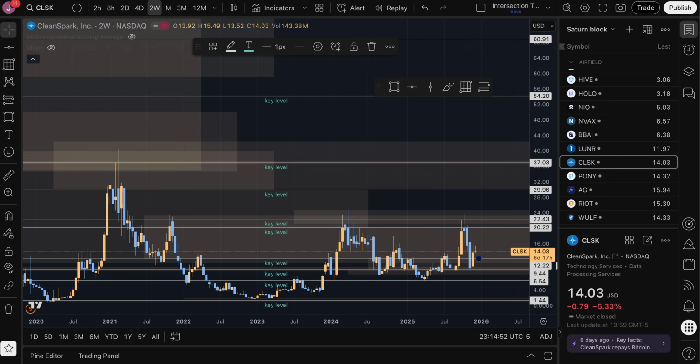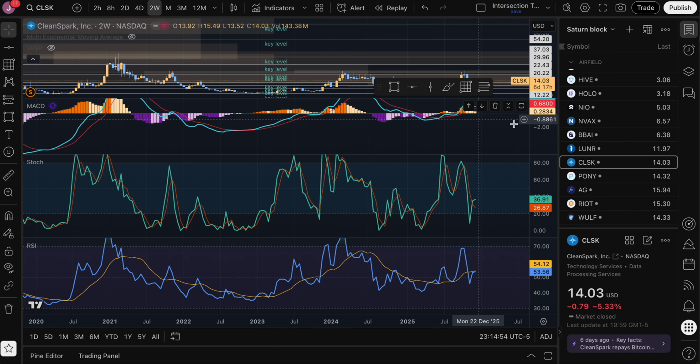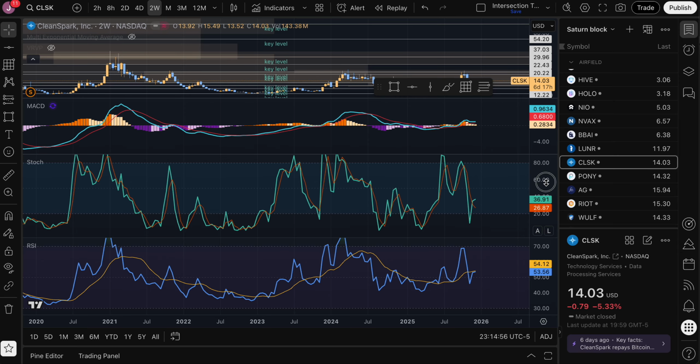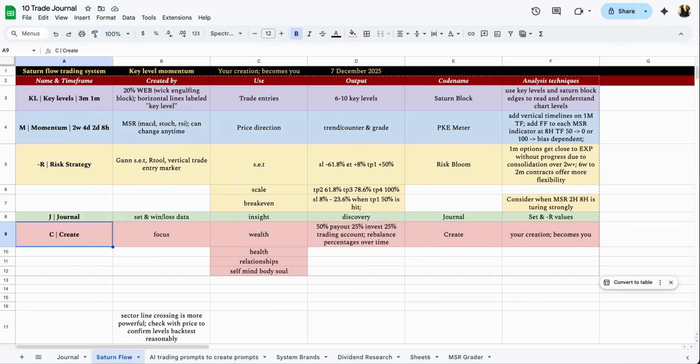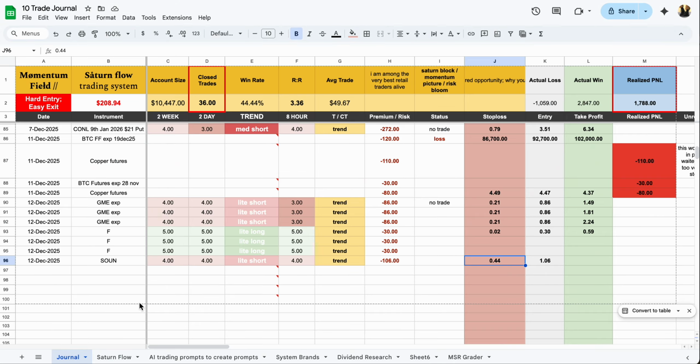But on the 2-week, we will next look at the MACD, stochastic, and RSI, grade them individually on 3 different time frames, input it into the journal so that we can then determine the trend, and then we can set our risk. I won't type that in yet, that'll be for the next one.